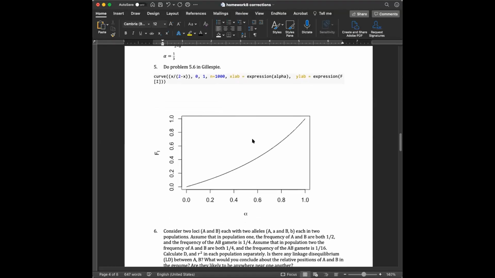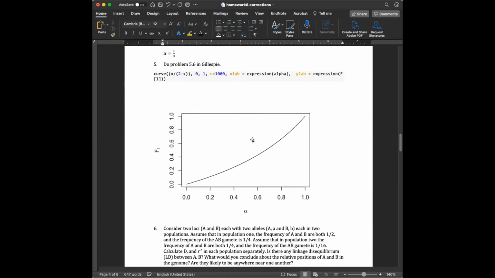All right, up next with problem 5 is Chris. All right. Share my screen here. Okay, so yeah, we know that the inbreeding coefficient is equal to the probability of selfing over 2 minus the probability of selfing.